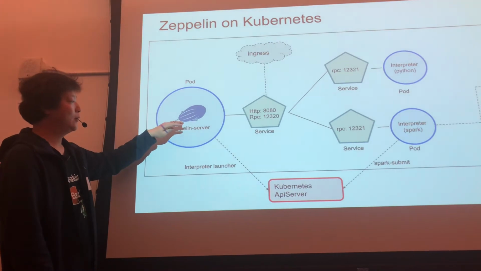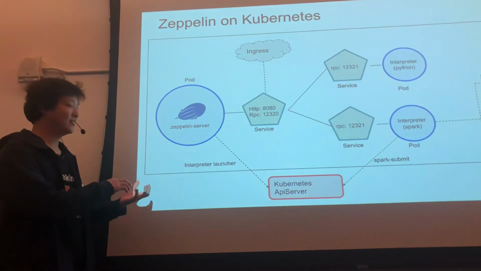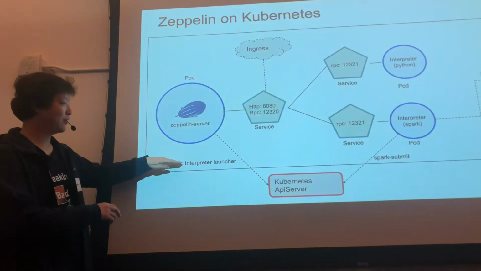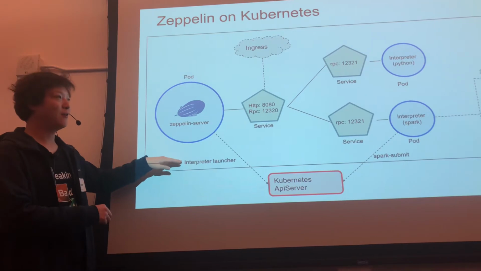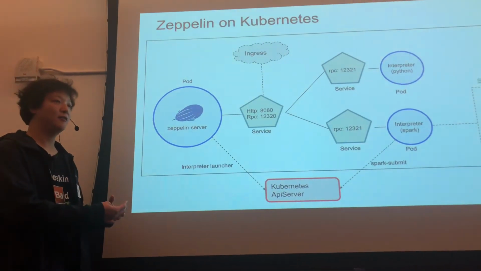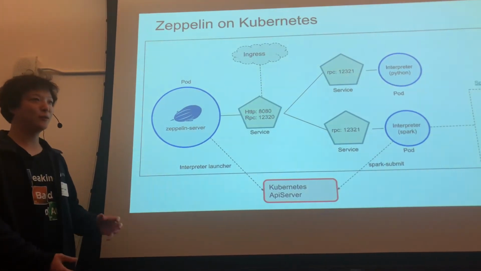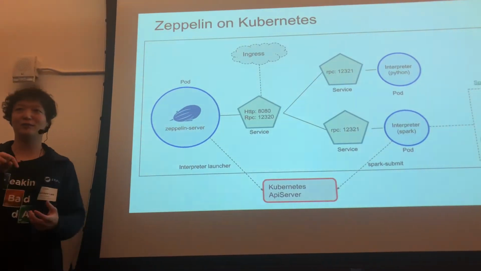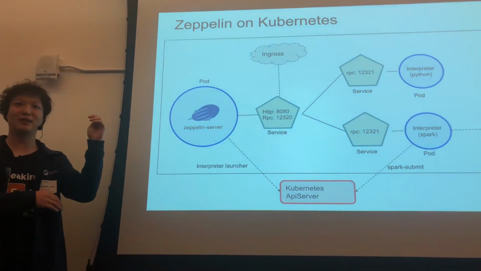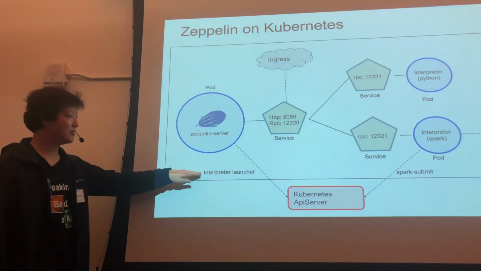To do that, Zeppelin internally has an interpreter launcher. The interpreter launcher is the component responsible for creating the interpreter. Basically, it creates an interpreter as a local process. If you are using Zeppelin, you run Python, you run Root, you will see a lot of additional processes created on your machine. That's what this does.